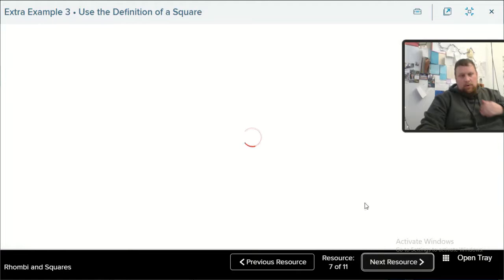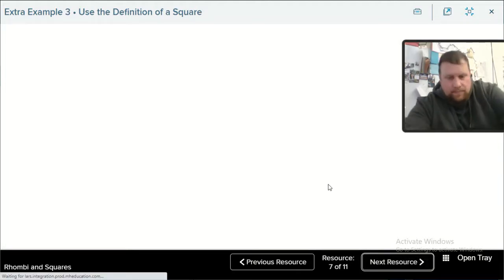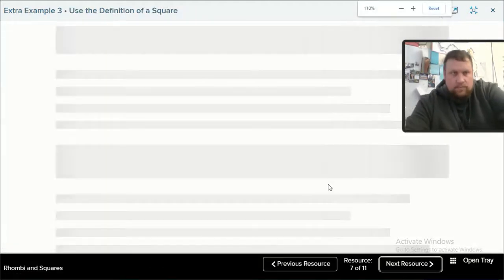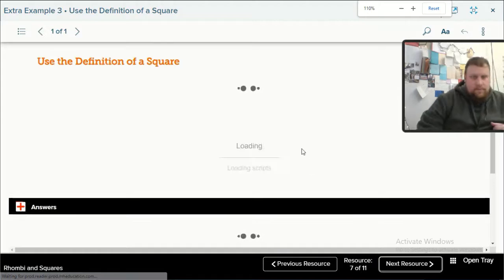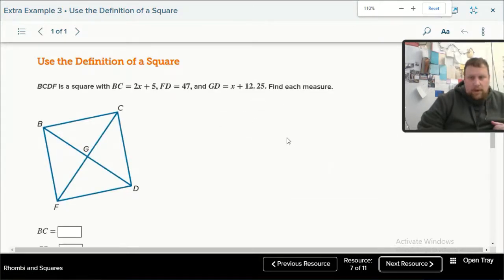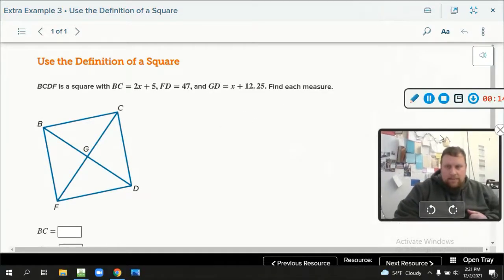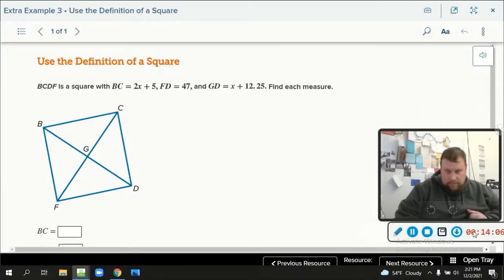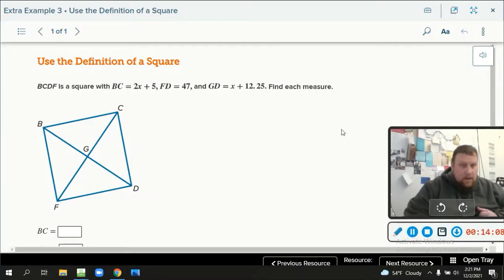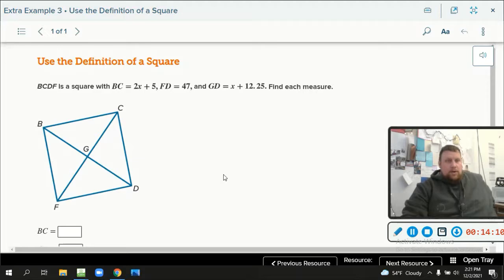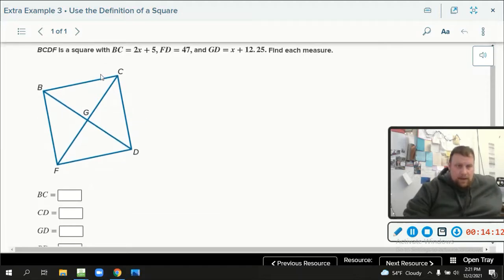And we got one more example before we're done with today. Okay, so we're going to use the definition. BDCF is a square with BC equals 2x plus 5, FD equals 47, and GD equals x plus 12.25.